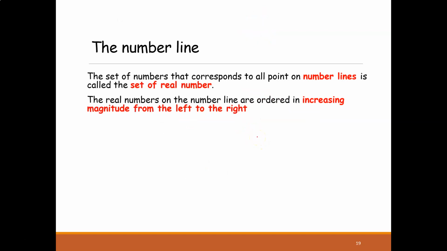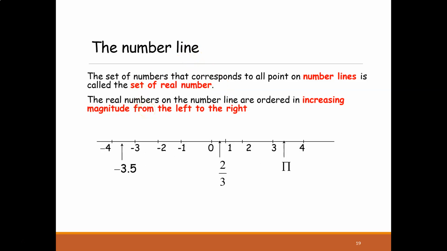Then let's see. Next is number line. The number line, garis nombor, not system number, I'm sorry. What is garis nombor? The set of numbers that correspond to all points on a number line is called the set of real numbers.